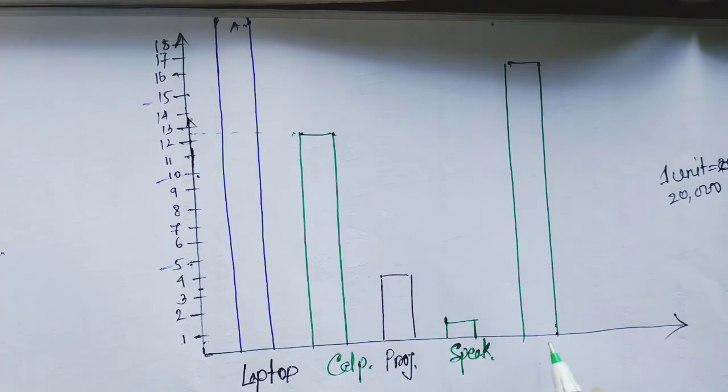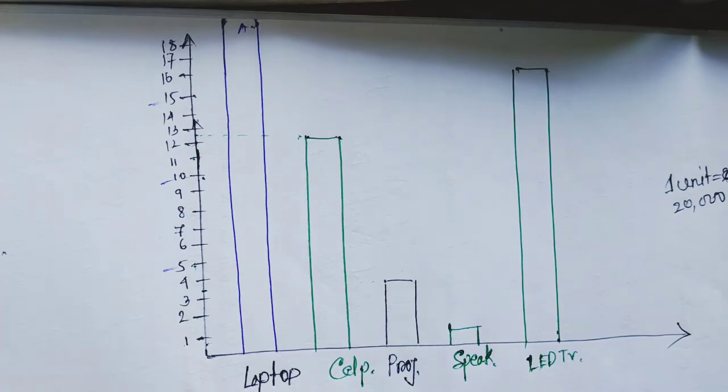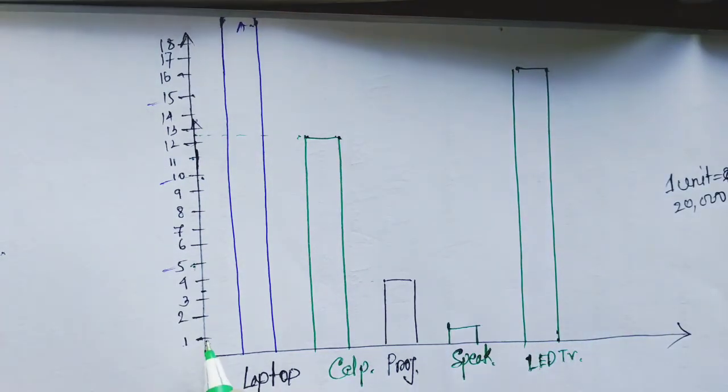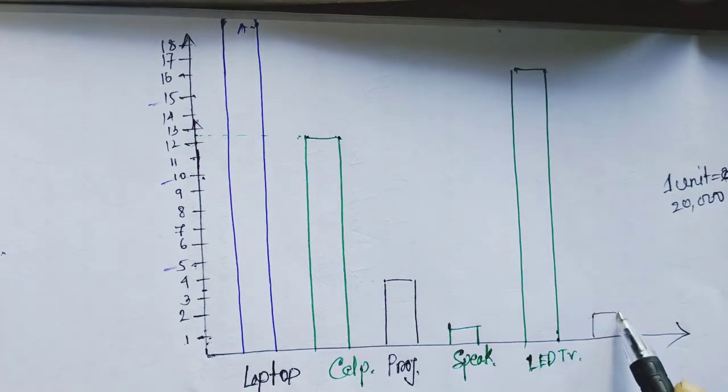This is the LED TV. Next, camera. The cost of the camera is 24,000. Think that here is 24,000, up to this. So try to draw a bar like this. This is the camera.